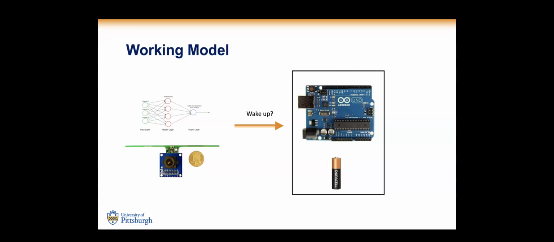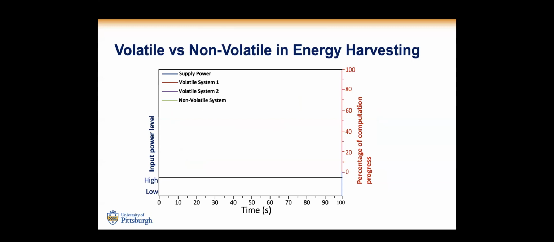Basically this little device that's powered by energy harvesting can be constantly looking out for events of interest. And only if it detects something of interest, it's going to wake up this larger device. So the larger device can be asleep for most of the time, of course, to conserve energy. So either the sensor can work by itself, or it can be used to wake up a larger device.